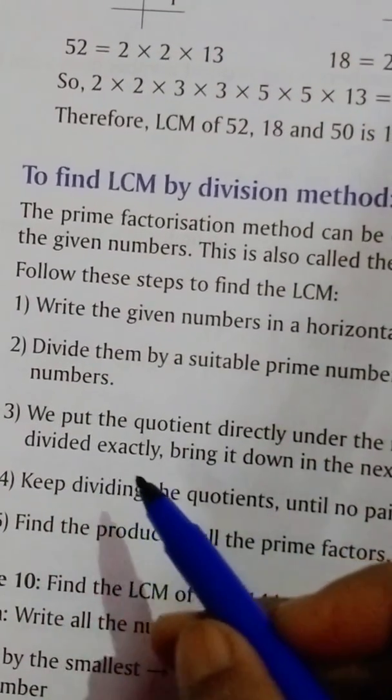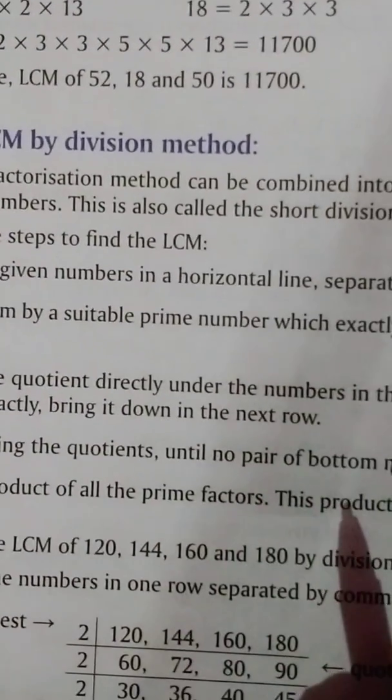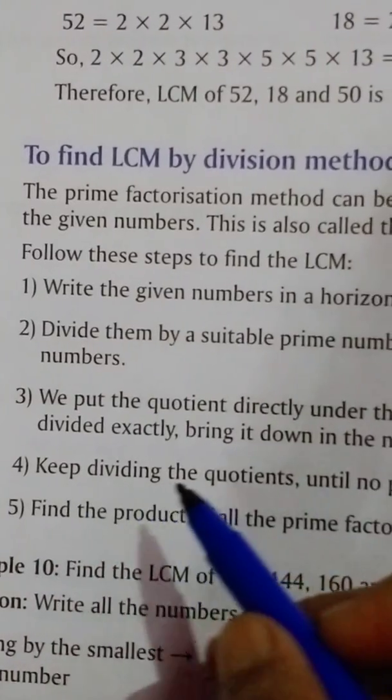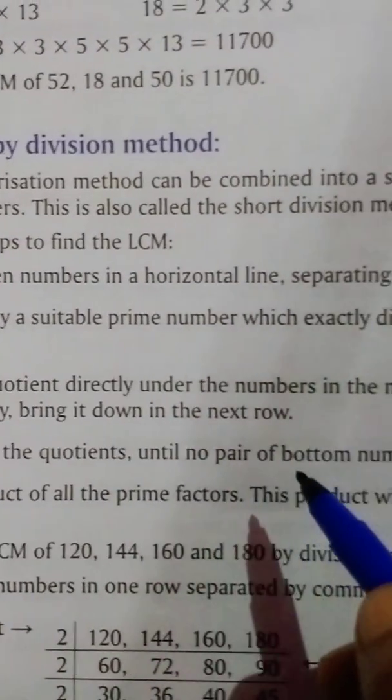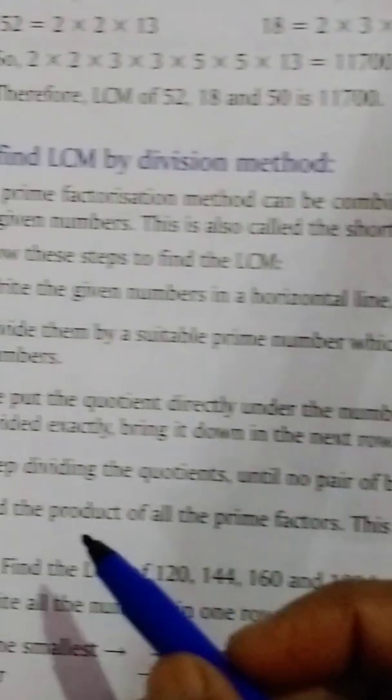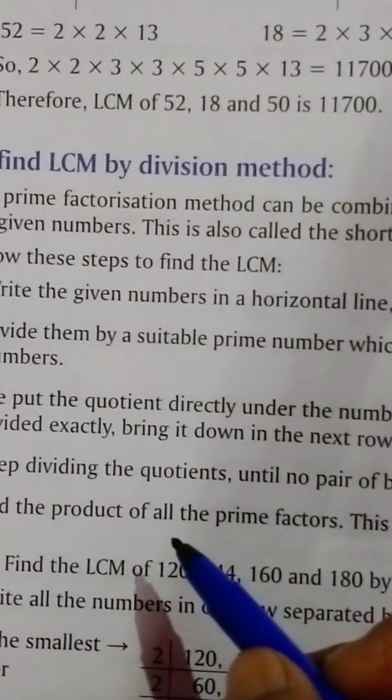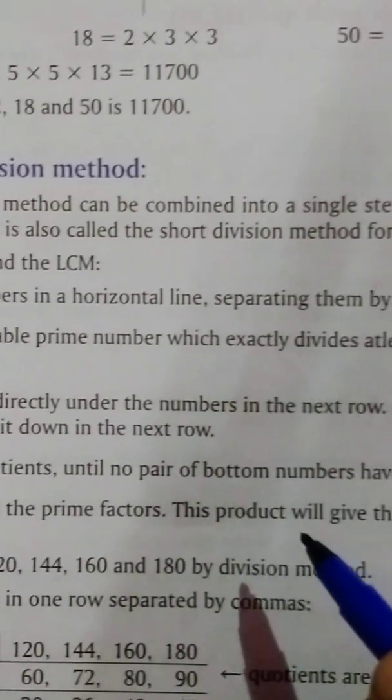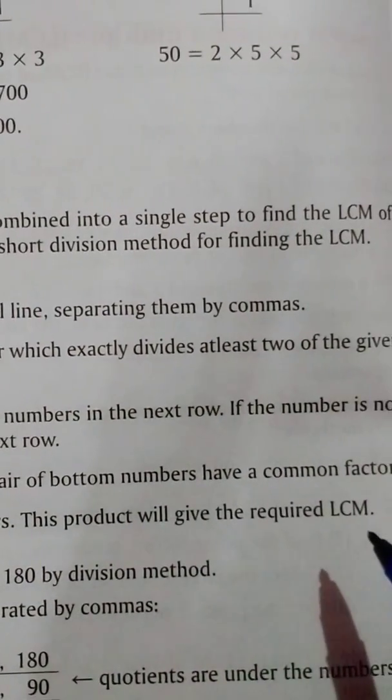If a number is not divided exactly, bring it down in the next row. Keep dividing the quotients until no pair of bottom numbers has a common factor. Find the product of all the prime factors. This product will give the required LCM.